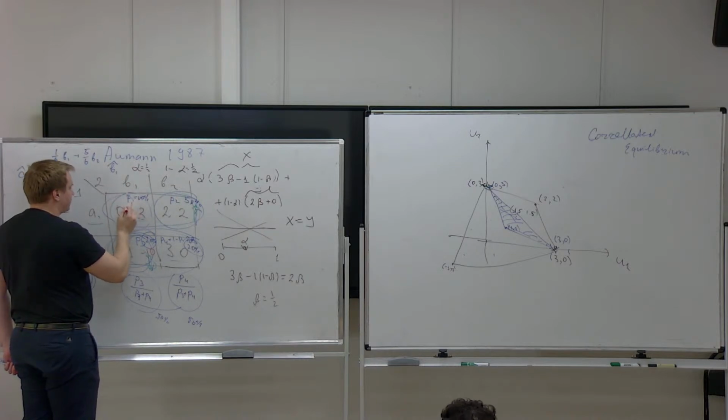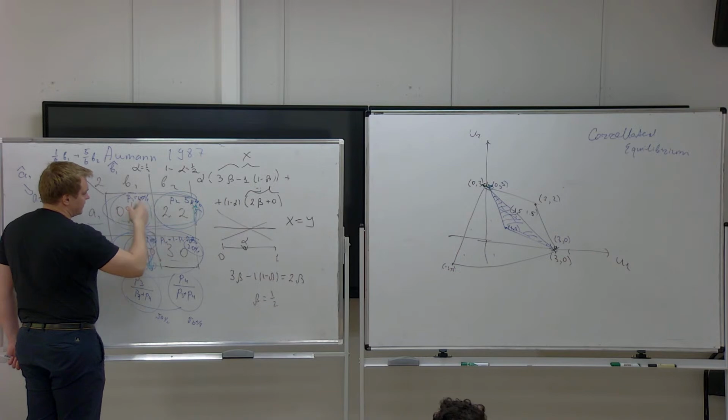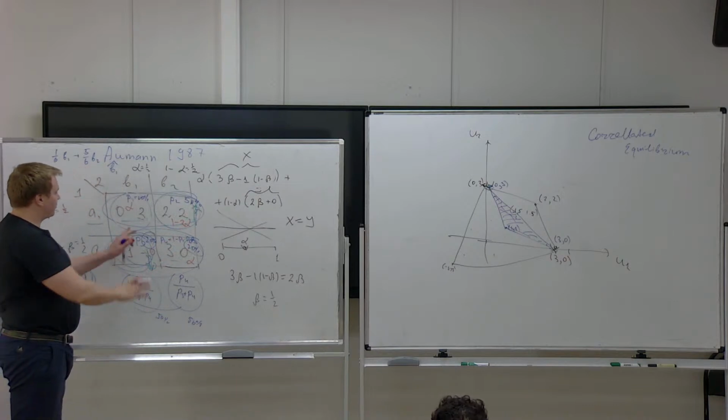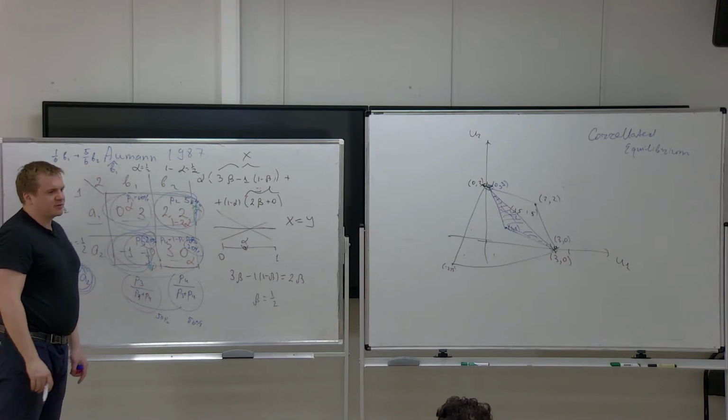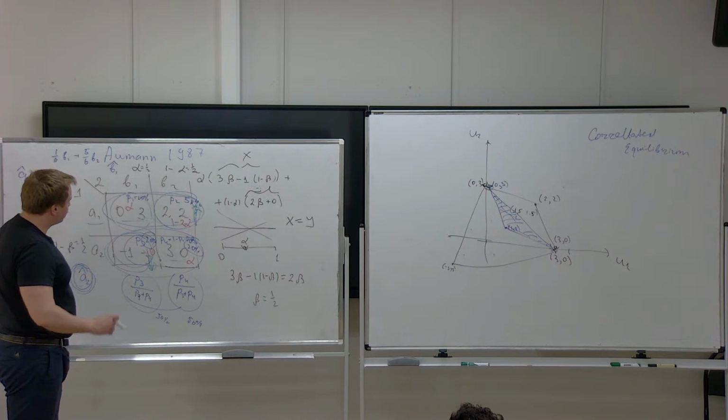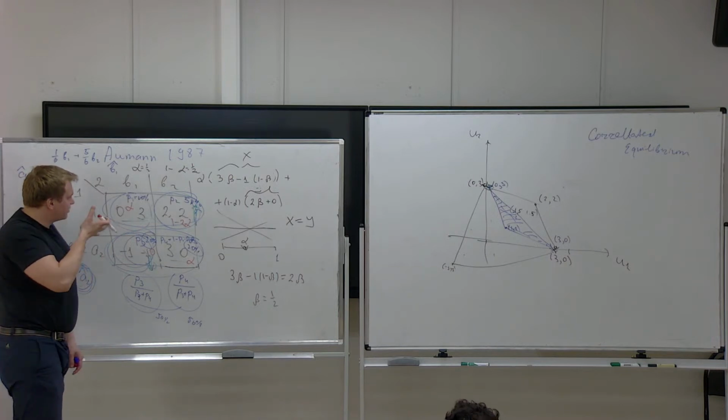So say this is probability alpha, and then this by symmetry also probability alpha, and this one is 1 minus 2 alpha. So suppose we are looking at correlated equilibrium of this form, some special sort of correlated equilibrium. So what should be the equilibrium condition?